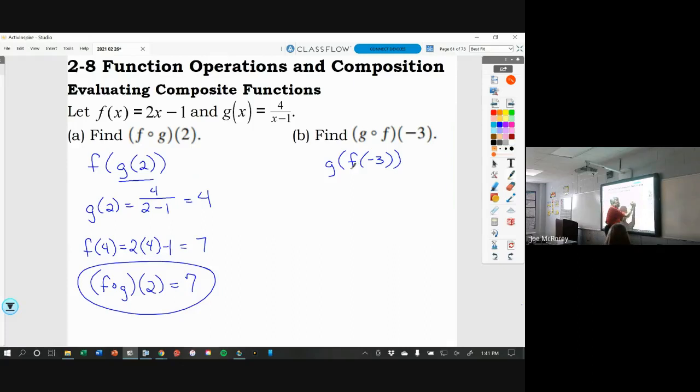I'm doing the exact same thing. I'm going to start on the inside. Before I even care about the g function, I want to know what f of -3 is.